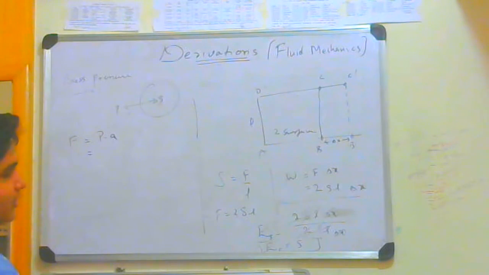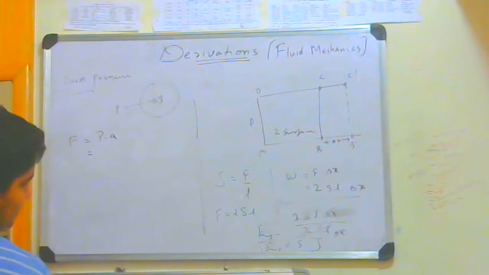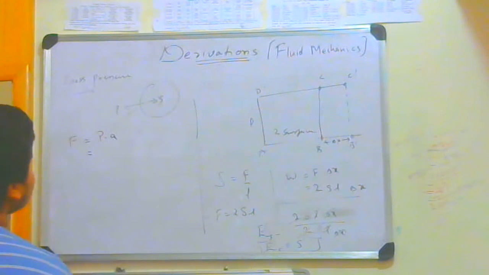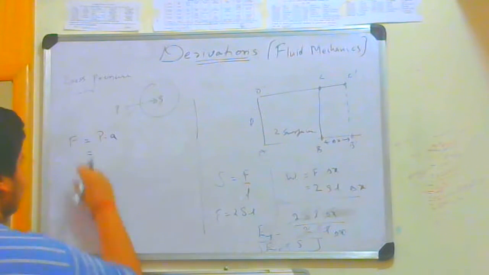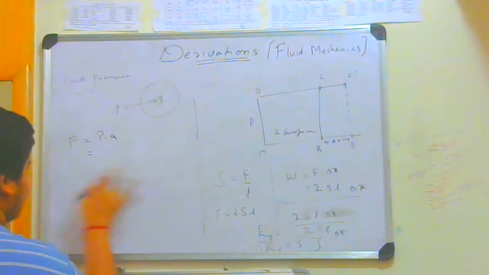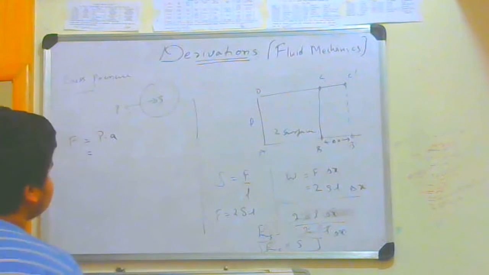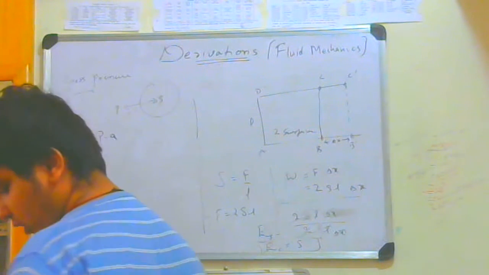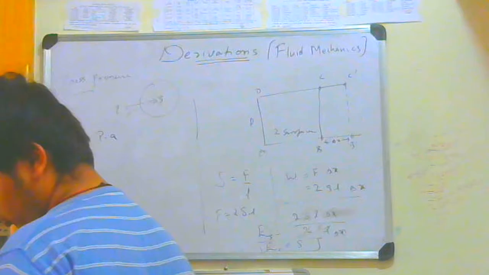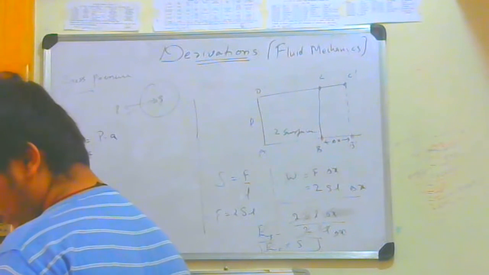And what is pressure? Pressure is given by force upon area, or else I can use another formula. Because force upon area करोगे तो area cancel हो जाएगा. Pressure को आप एक और formula लिख सकते हो, that is rho GH. उसको भी आप लिख सकते हो.